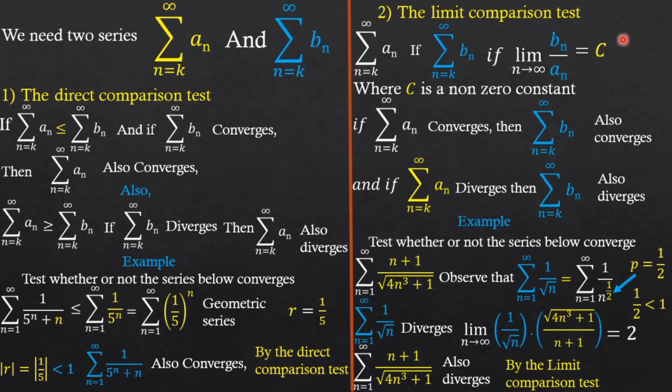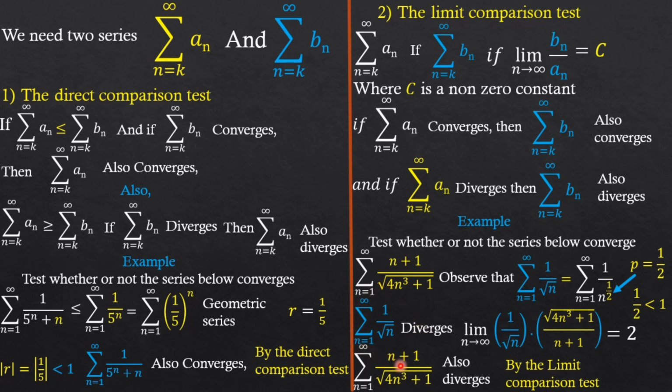Guys, what is 2? 2 is a constant, right? 2 is finite. And was this series convergent or divergent? It was divergent, right? It was a p-series where our p is 1/2, which is less than 1. It therefore means that the series diverges, right?